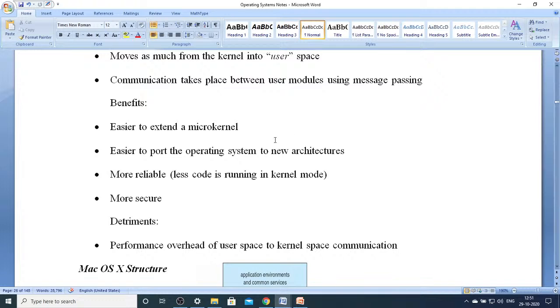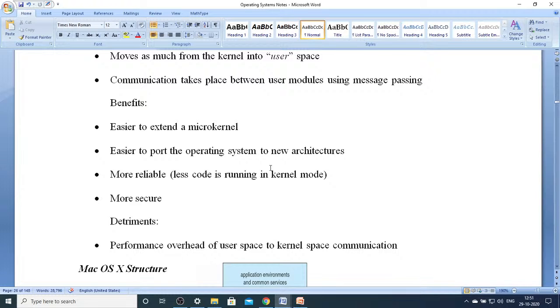And then the microkernel approach. In the microkernel approach, the ultimate goal is to reduce the load on the kernel, so the kernel code will be reduced. How it is reduced: some of the services that the operating system provides in the kernel area are produced in terms of system programs.